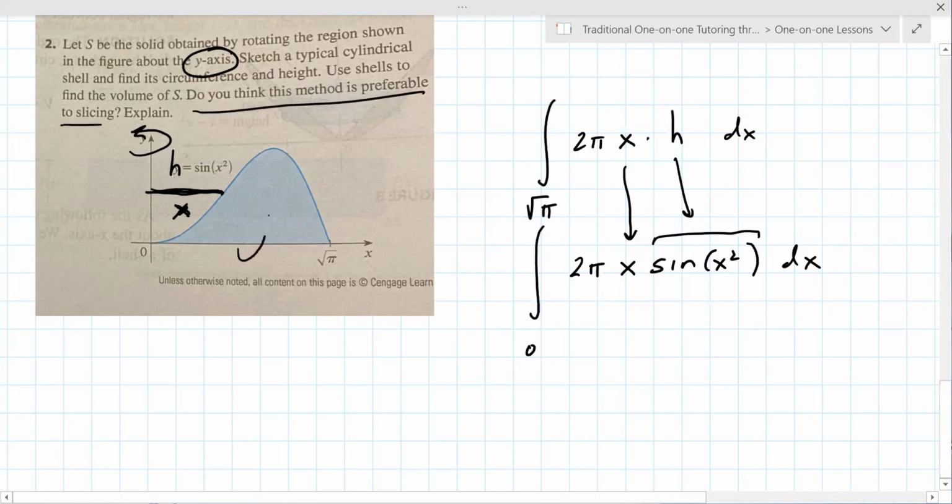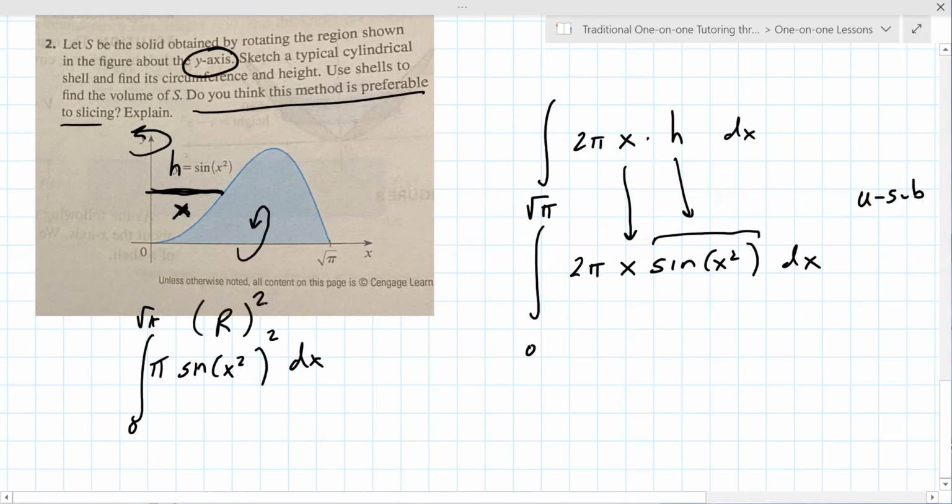Now, this is why it's preferable to slicing. Let's say they wanted you to revolve it around the x-axis. It's a totally different problem. This becomes the integral from 0 to square root of pi of sine x squared dx, and that's a pretty tough integral. But this one on the right can be solved by u substitution. Why does it become sine x squared? Because it's pi r squared, and your r is now the y.